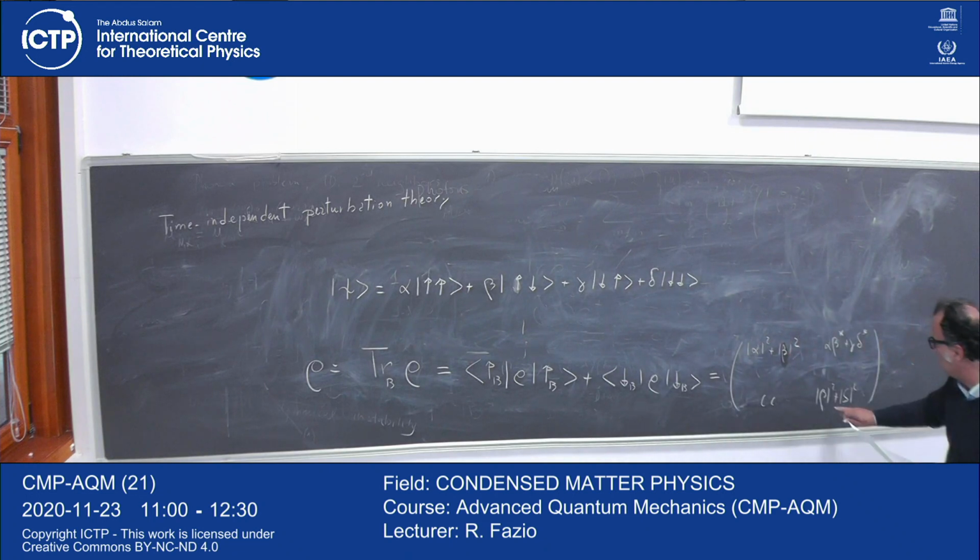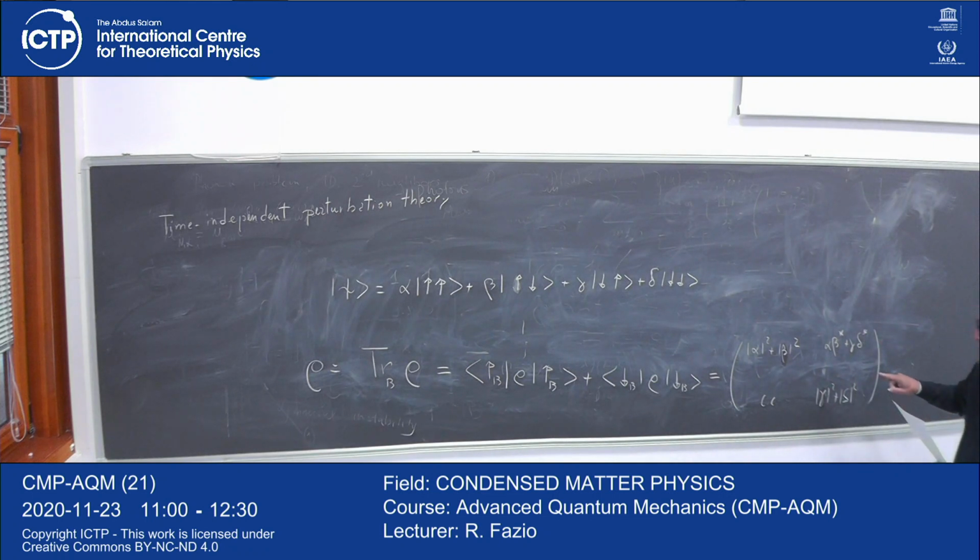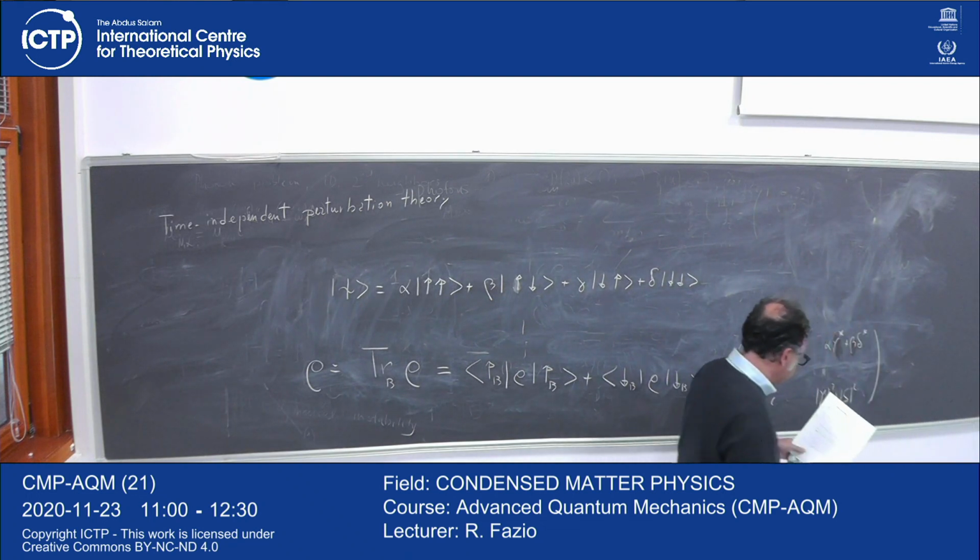Here you have gamma squared plus delta squared. And now here you have alpha gamma plus beta delta, just simply alpha gamma plus beta delta, and here is the complex conjugate.